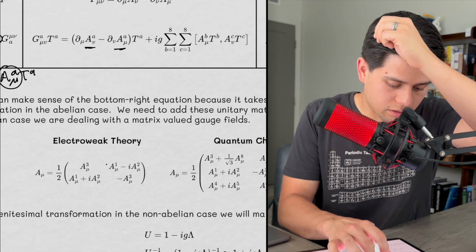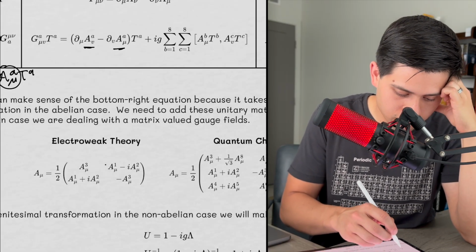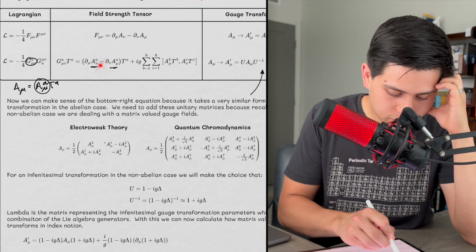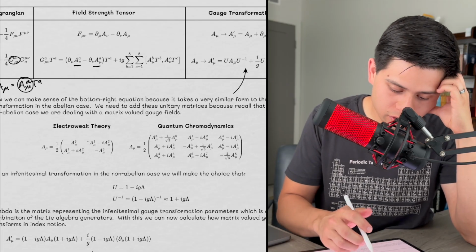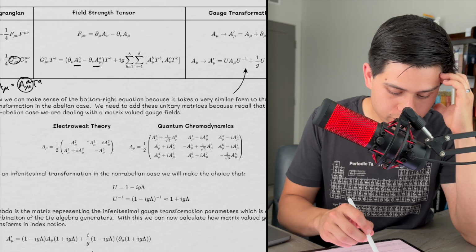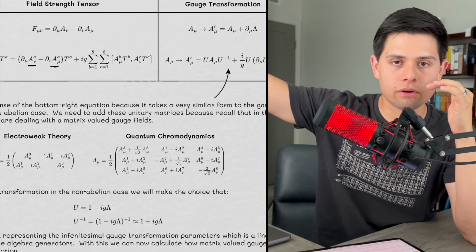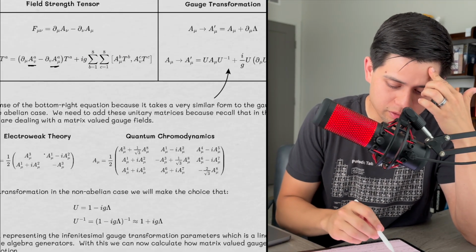Typically we don't write this in this way; typically you see the a is suppressed. But this is how we can write this. We have this thing, which looks like the F mu nu, but then we have this part right here. This is the self-interacting part. We're summing over all of the other gluon fields. We talked about this in the last video.